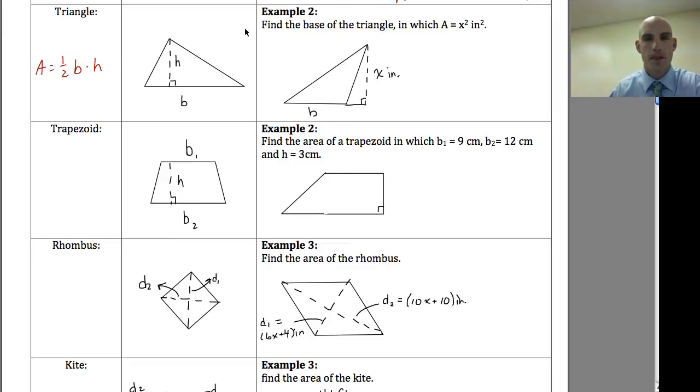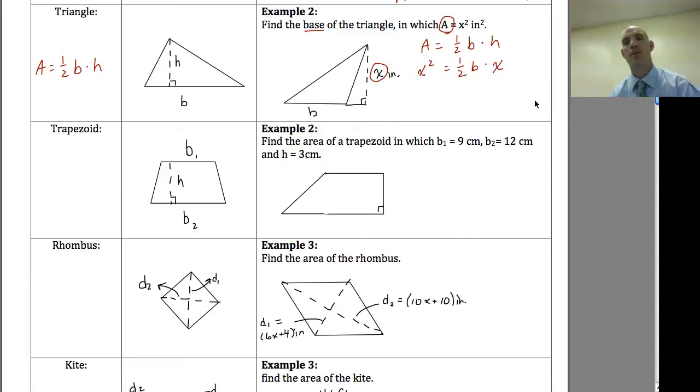In this example 2, it says to find the base of the triangle, and they're giving us the area, and they've given us the height. So let's set up the formula. Area equals 1/2 base times height. Let's fill in what we know. x squared, which is the area, equals 1/2 base, which we don't know, times height.